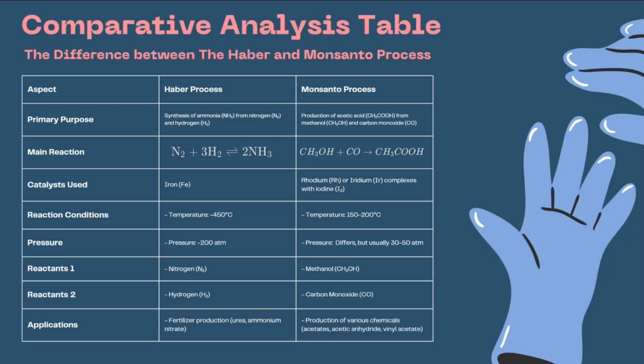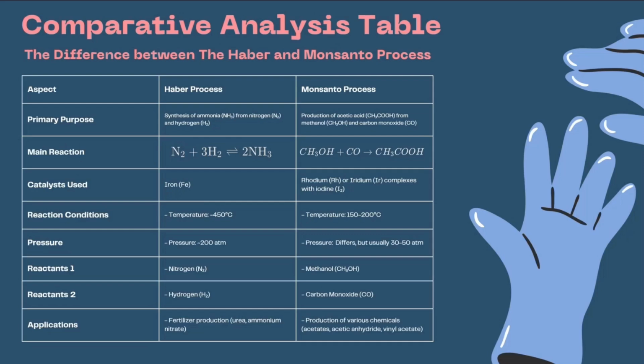The reaction conditions for both of the processes are also vastly different. The Haber process uses a temperature of around 450 degrees Celsius, which is significantly higher than Monsanto's 150 to 200 degrees Celsius. The pressure required is also different.